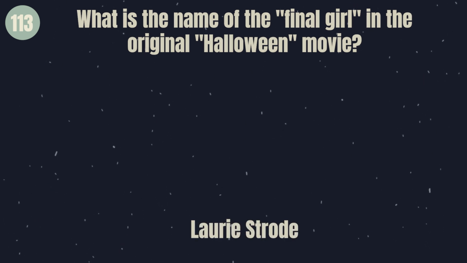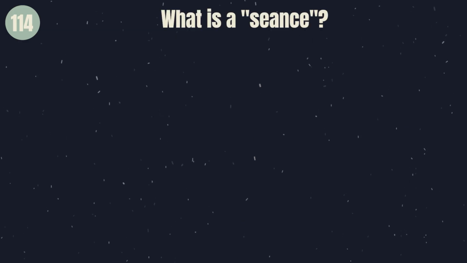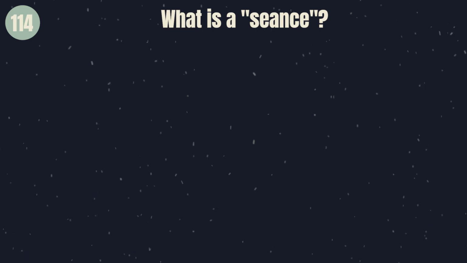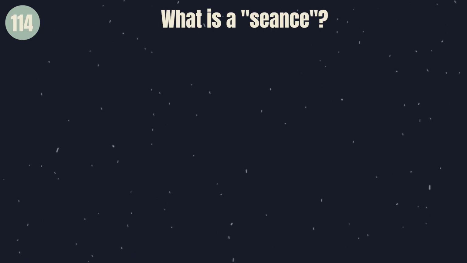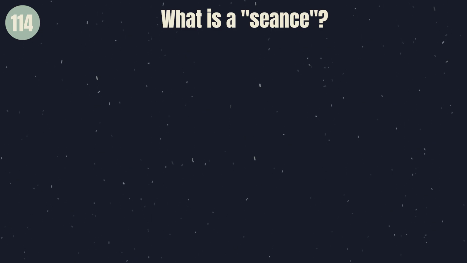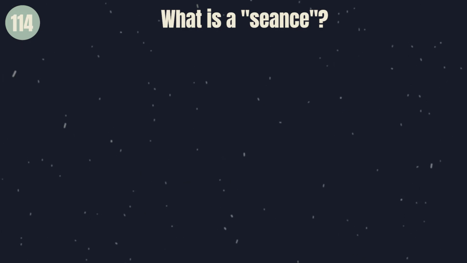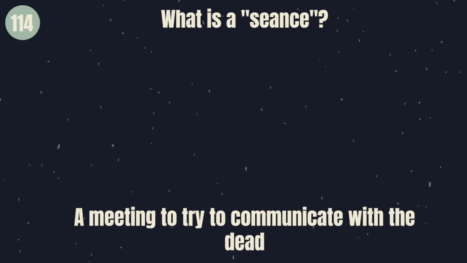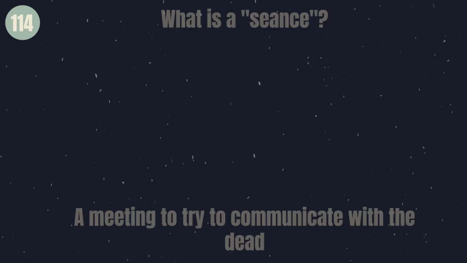What is the name of the final girl in the original Halloween movie? Laurie Strode. What is a seance? A meeting to try to communicate with the dead.